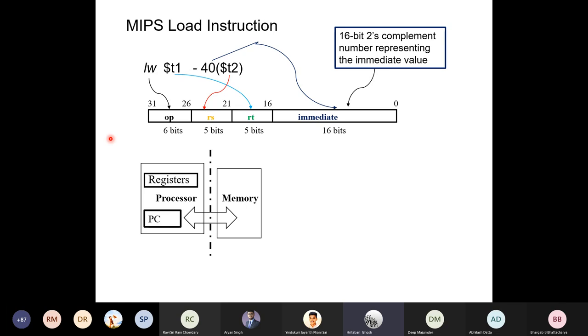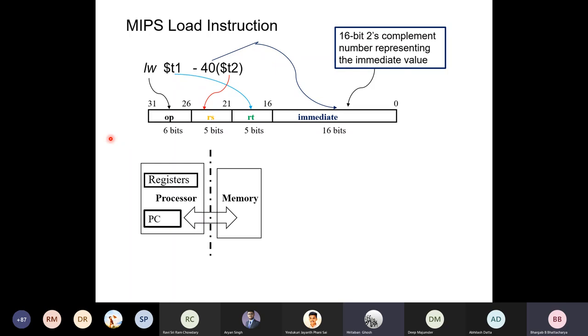So that's when, what do you call it, the address stored in T2 minus 40 will be loaded into the program counter and the memory will be fetched. And then the instruction execution cycle will be performed, where the data stored in that particular address location will be stored in T1. And that's it.